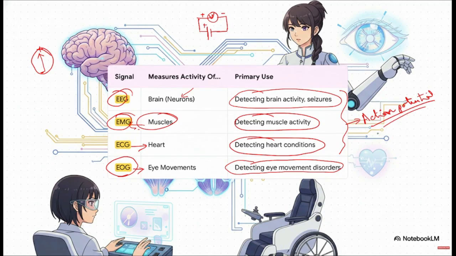If I move my eyes towards the right, I have the negative terminal on the right-hand side. The cornea is the positive one, so the positive end of the dipole moves to the negative terminal, and I will be getting a negative peak.